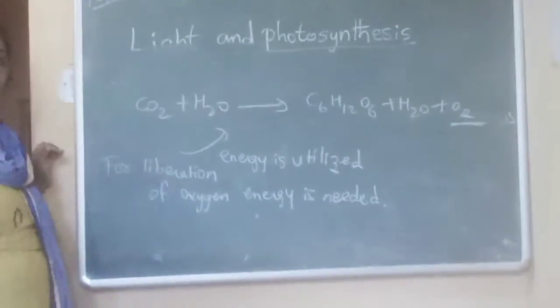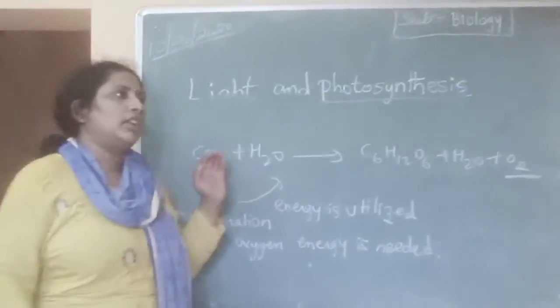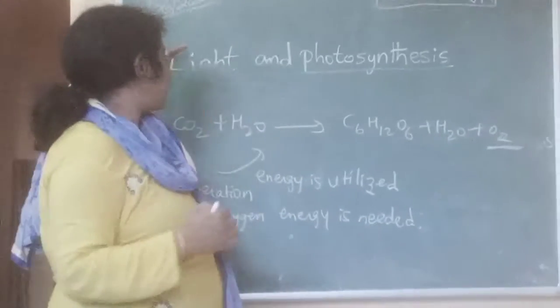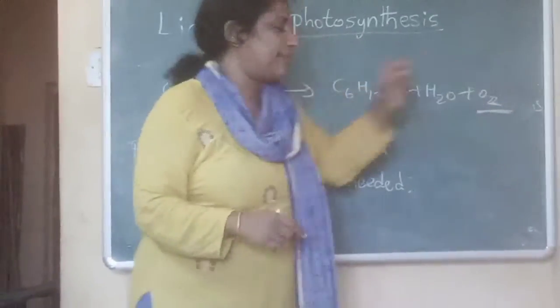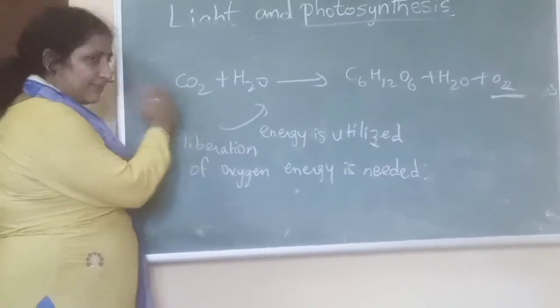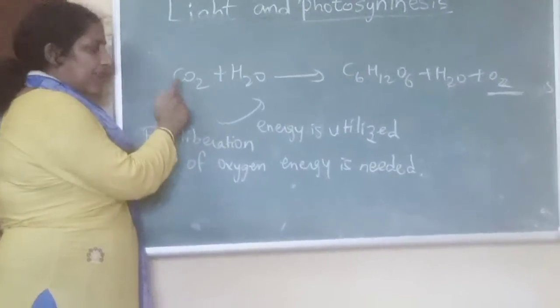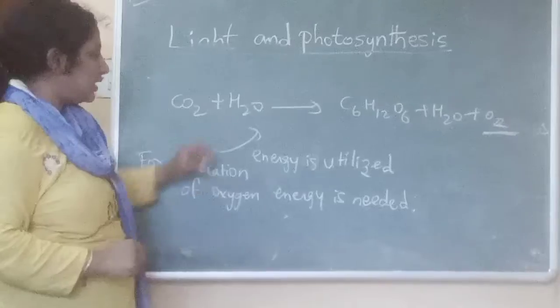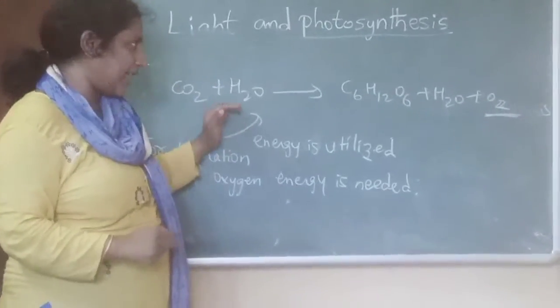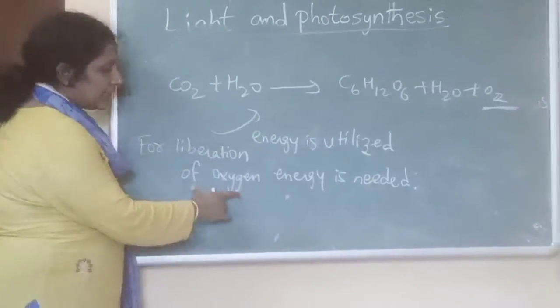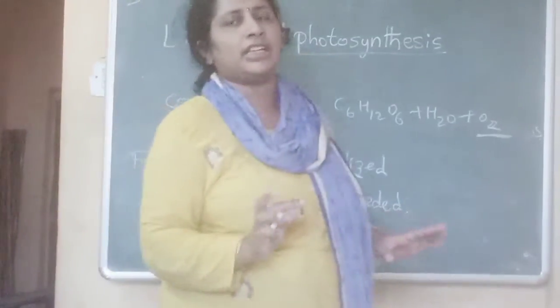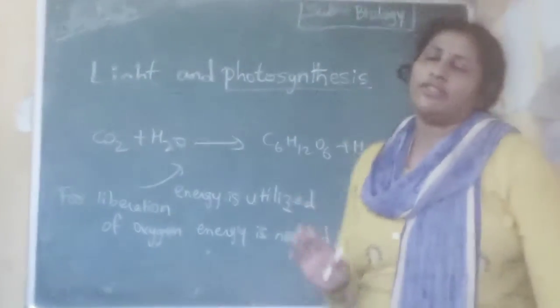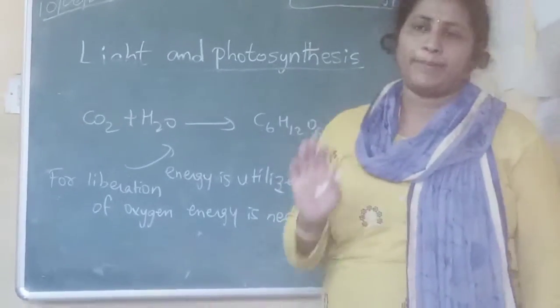In the first equation we saw that oxygen is combining with carbon and energy is liberated. But here, energy is supplied and oxygen is liberated. So in simple terms, for release of oxygen, you need to supply energy.